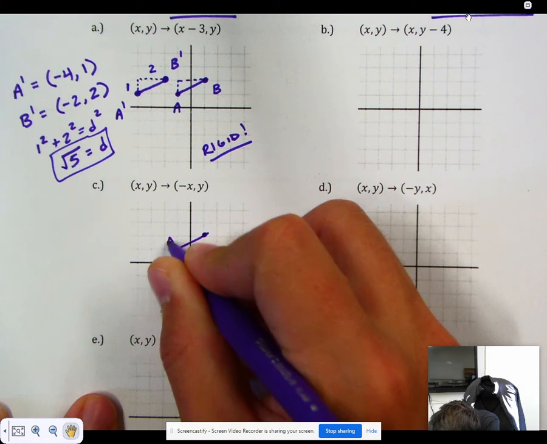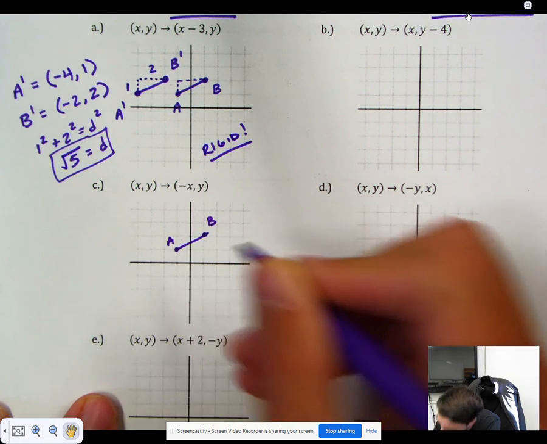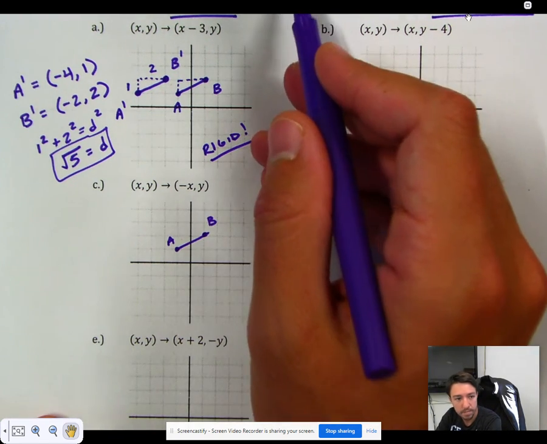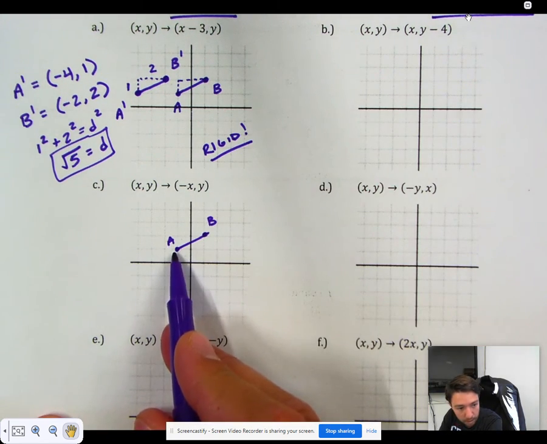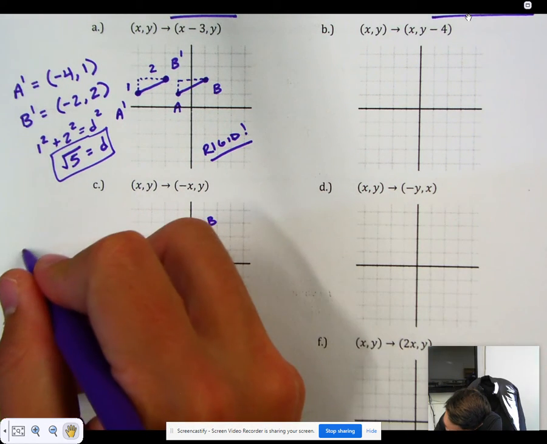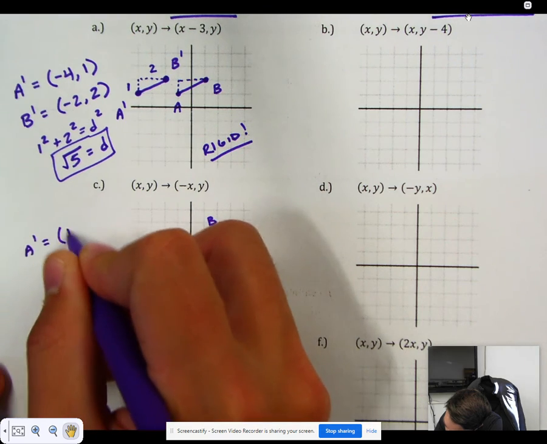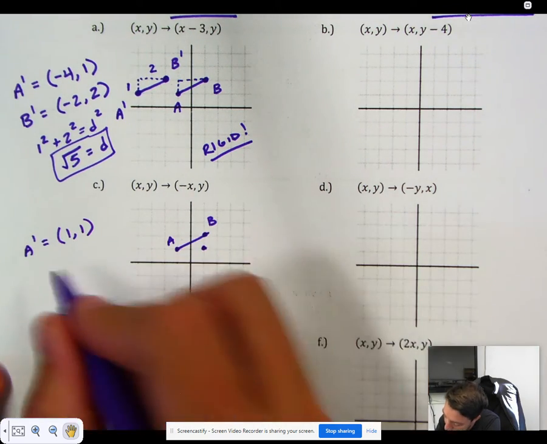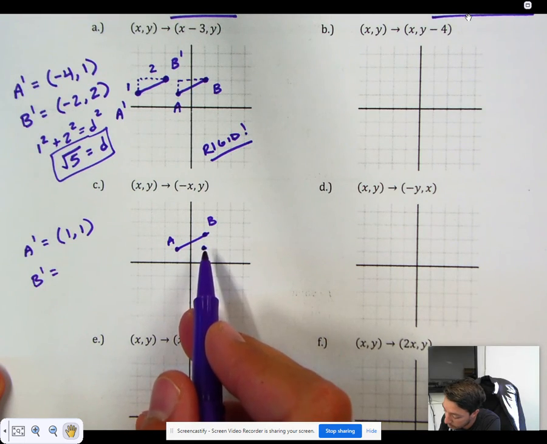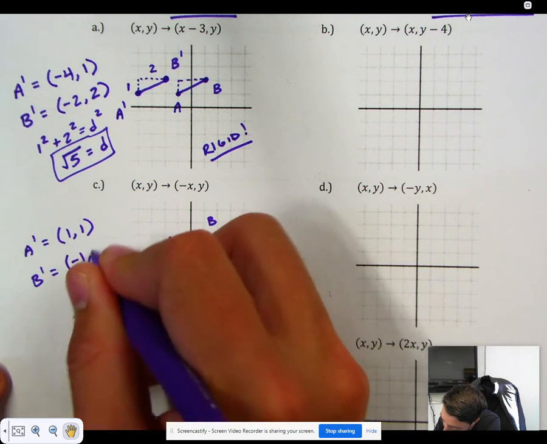What happens when we take the x value and make it the opposite of what it used to be? Well, now this negative 1, 1 is now positive 1, 1. So A prime would be positive 1, 1. And then B prime is going to be, instead of being 1, 2, it's going to be negative 1, 2.